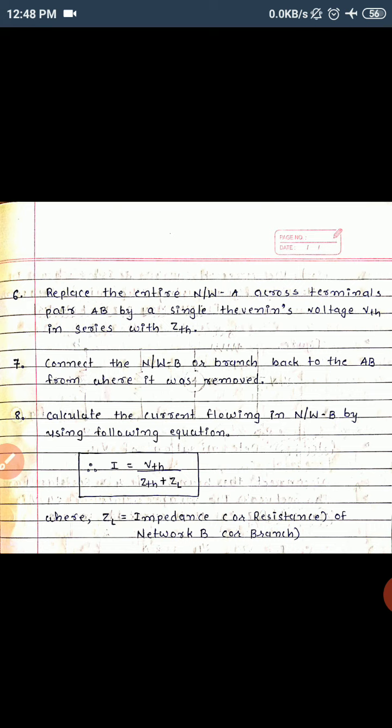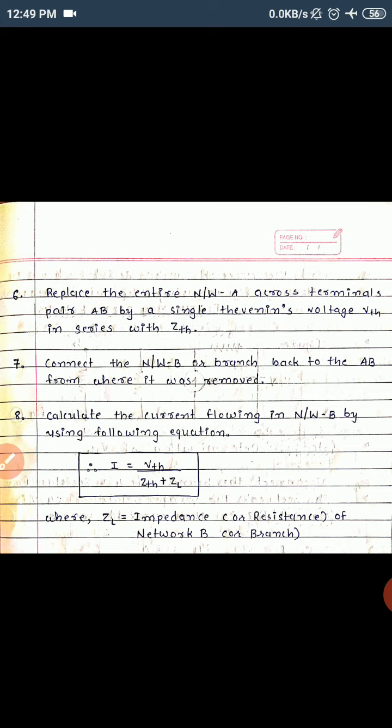Now calculate the current flowing in network B by using the following equation. The network B will be connected, so the Thevenin source will feed network B also. The current I is given by VTH divided by ZTH plus ZL.